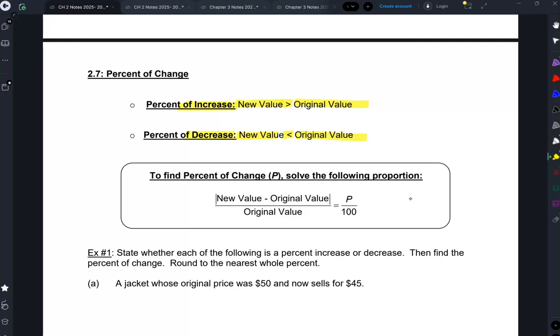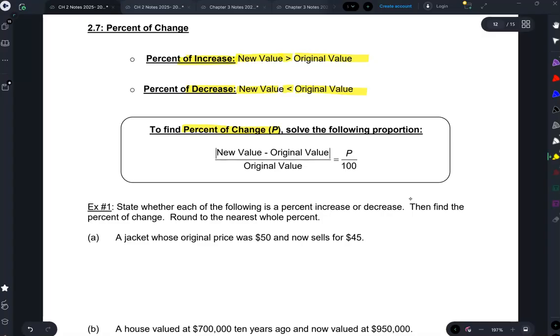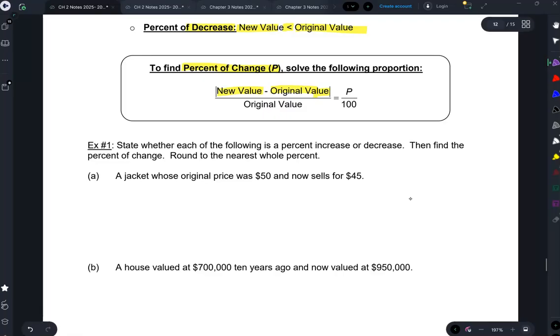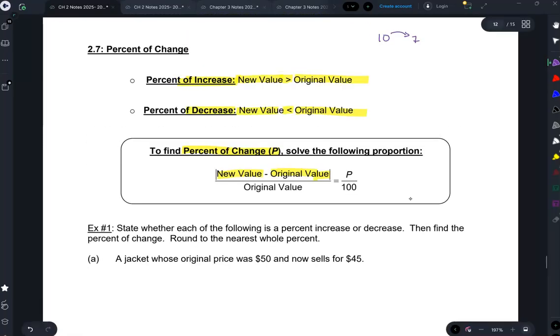To calculate percent of change, we need to do, first of all, new value minus original value, okay? But now, suppose something went from $10 to $7. So now this is the new value. If you do new minus original, will you get a positive or a negative number?